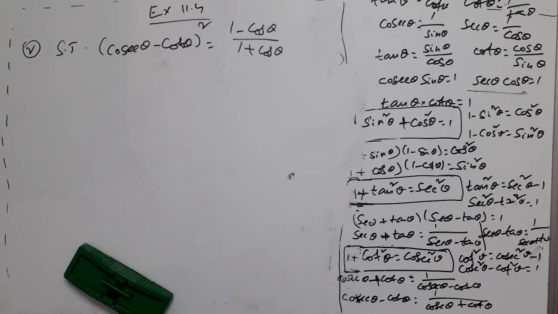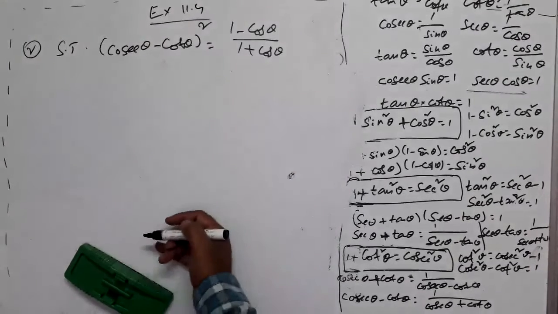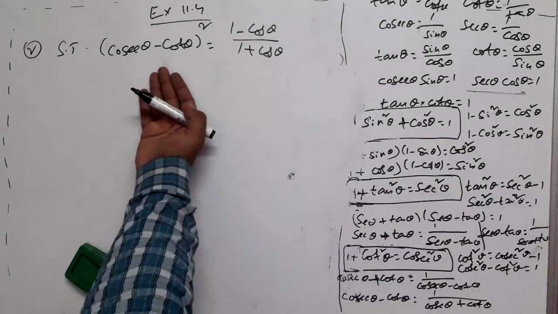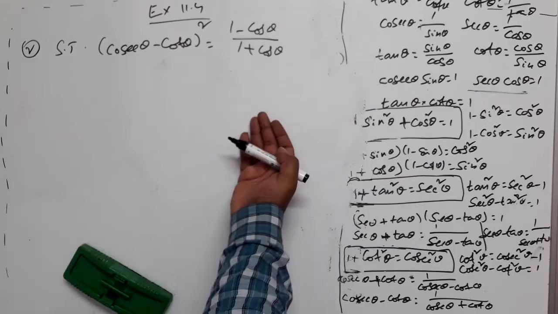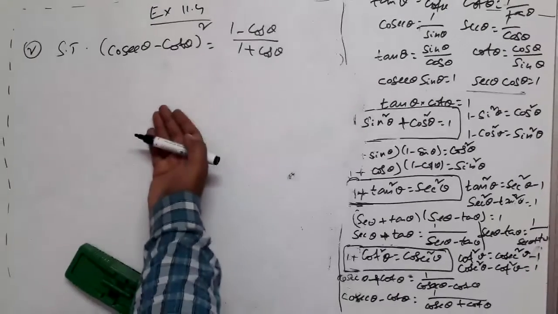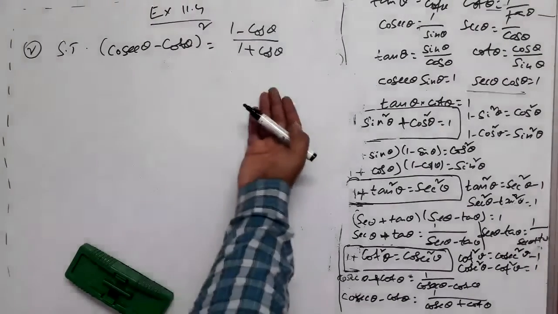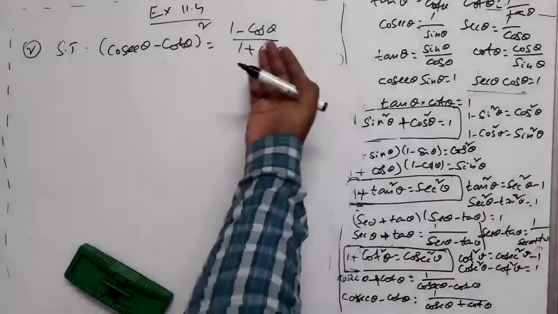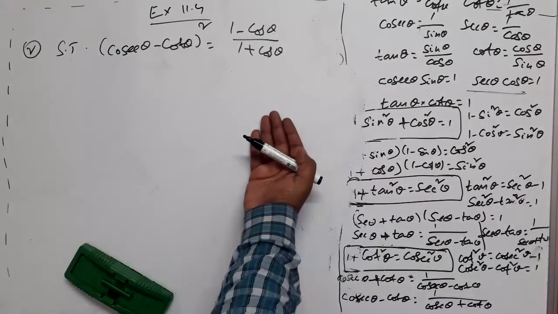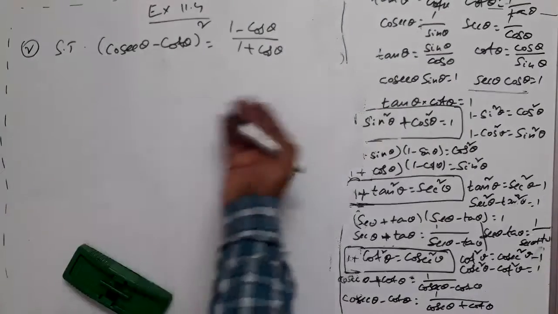So how shall we show that? See, in this type of questions, you have got the left hand side part, LHS, and the right hand side part, RHS. You can start at LHS and simplify or modify and bring RHS. That is one method. Or you start at RHS, simplify or modify, bring LHS. That is another method.